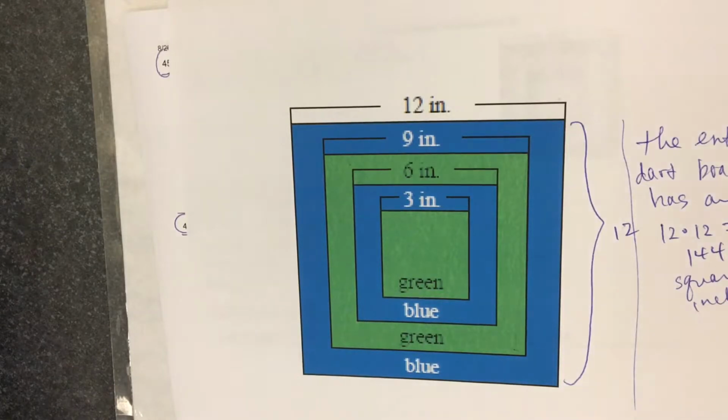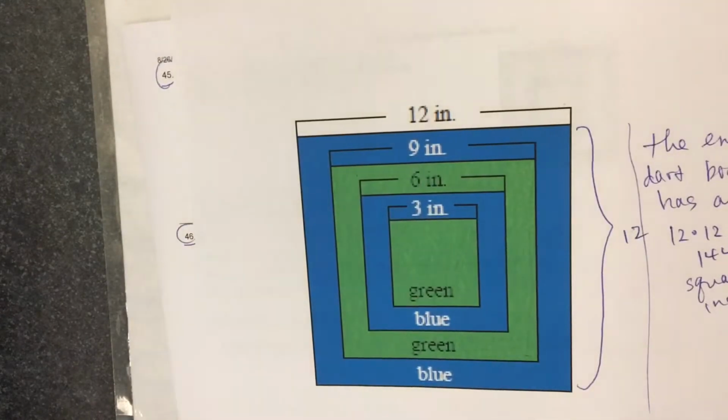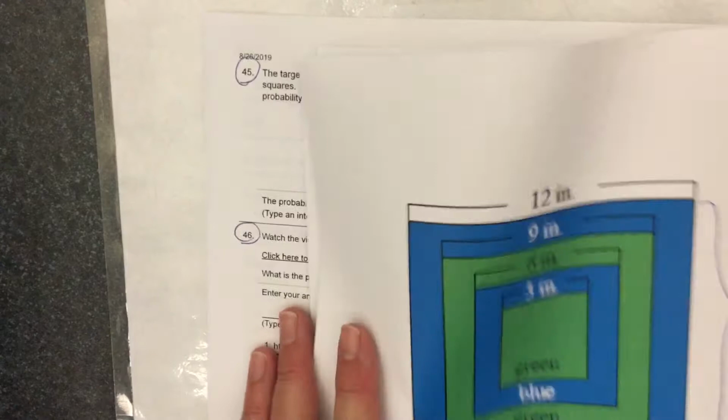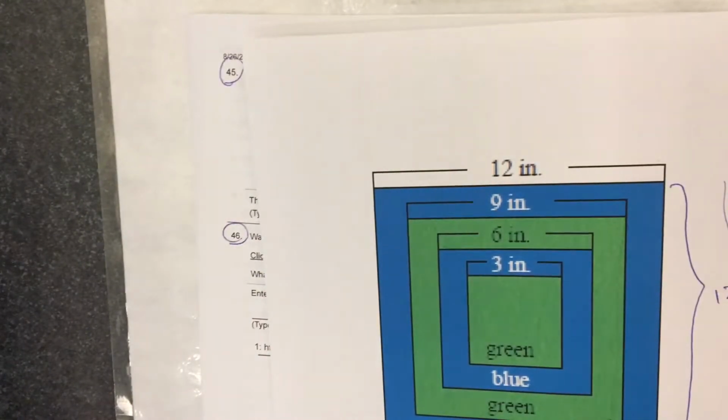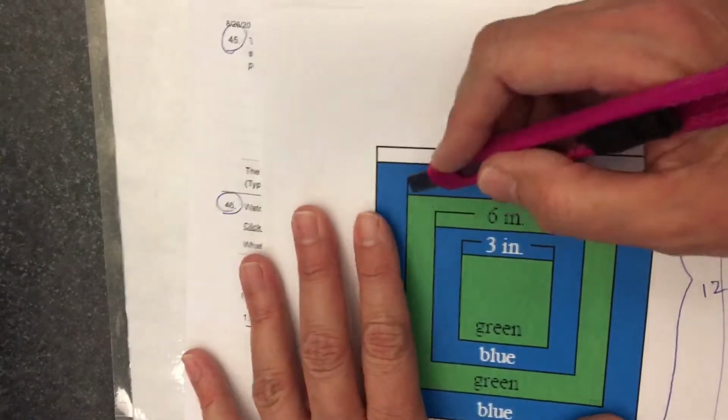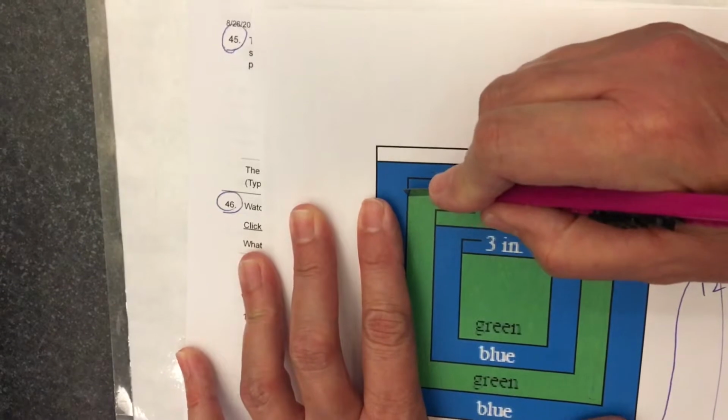So let me put a little bit extra paper under here because we're about to cut this dartboard. I didn't bring scissors, but I brought this little cutter like this.